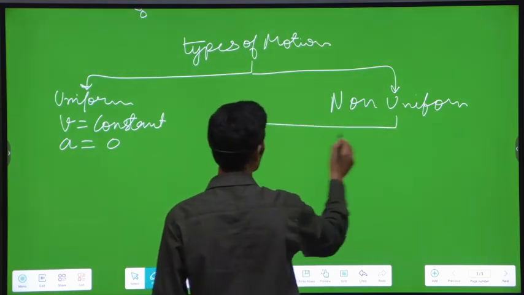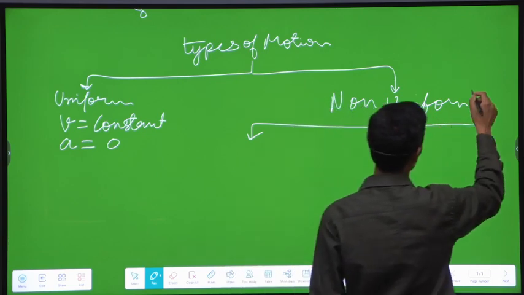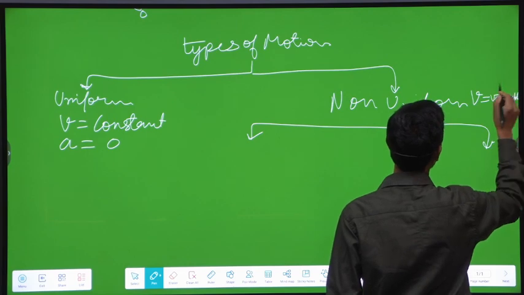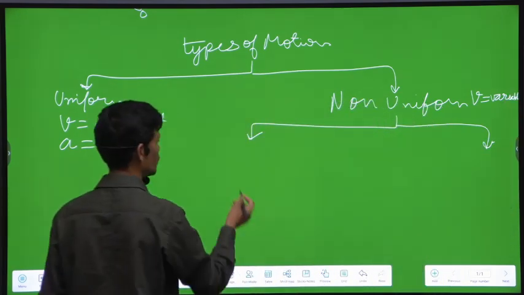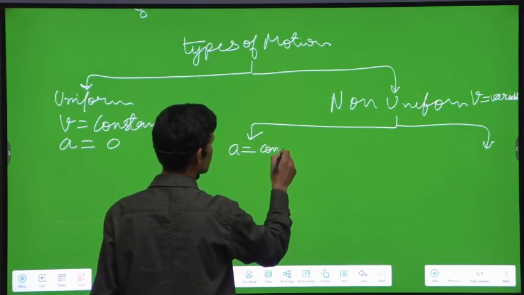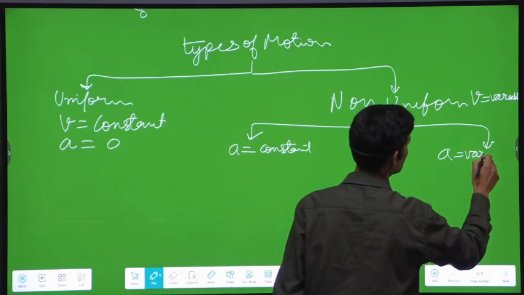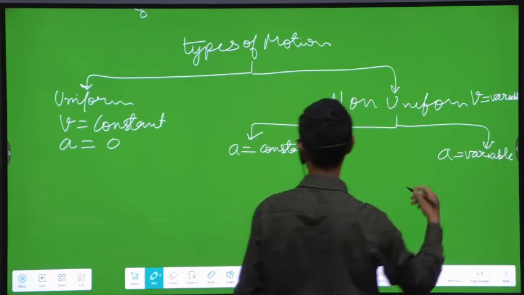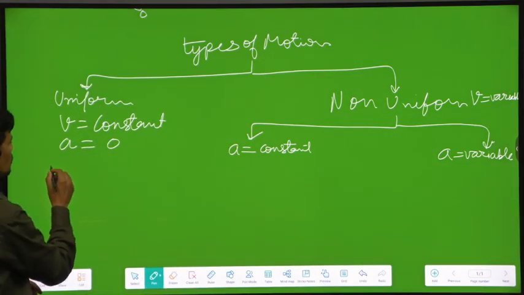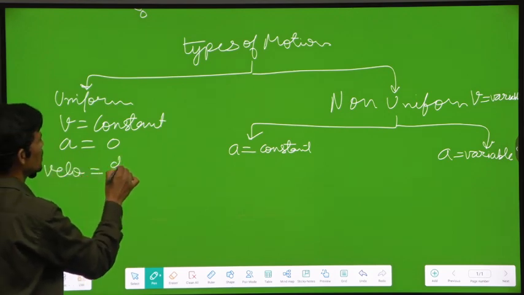In non-uniform, there can be two conditions. First, in non-uniform, velocity is variable. But there are two cases. Acceleration is constant and acceleration is variable. In such cases, we use this formula, velocity equal to displacement upon time.